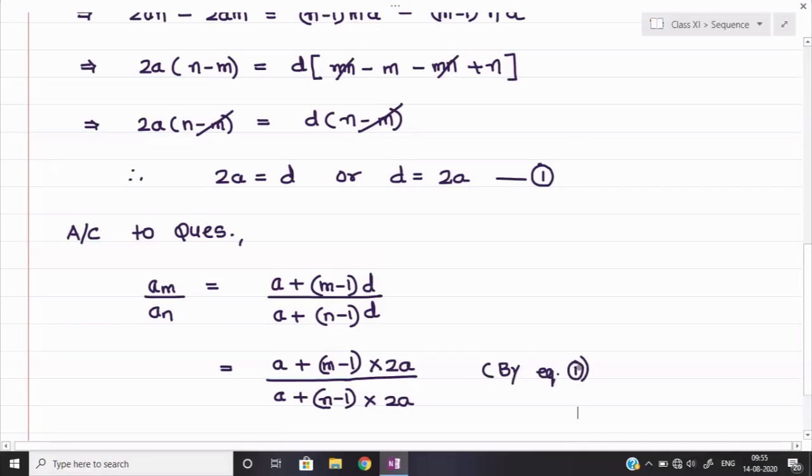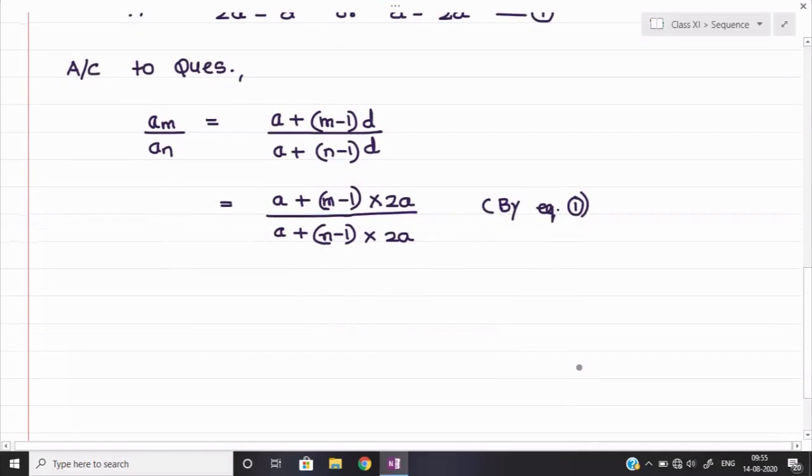Now further you see I can take a common from the numerator as well as from the denominator. So if I take a common, this will be 1 plus m minus 1 into 2 that will remain. Similarly in the denominator also, taking a common, remaining is 1 plus n minus 1 into 2.